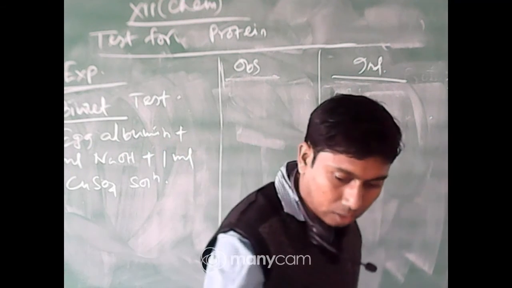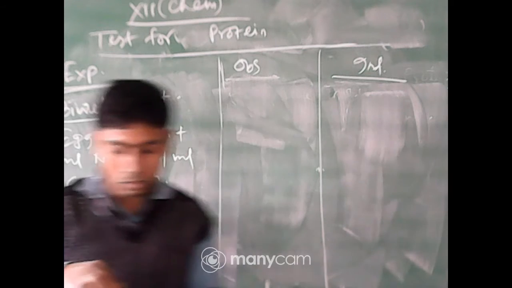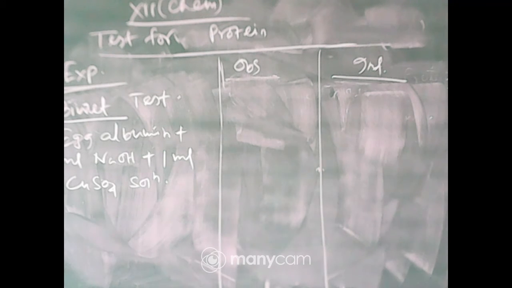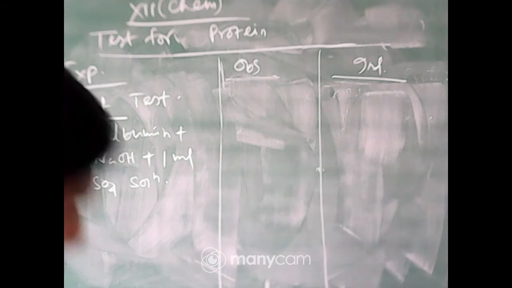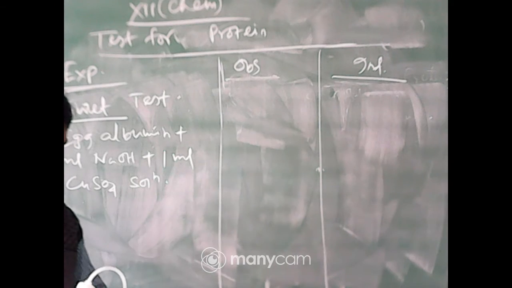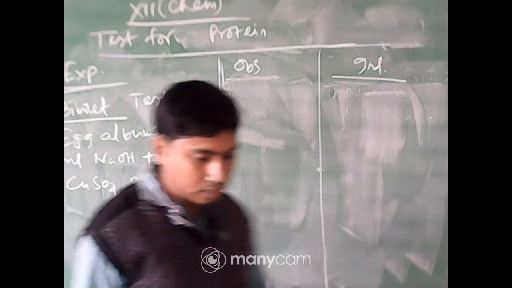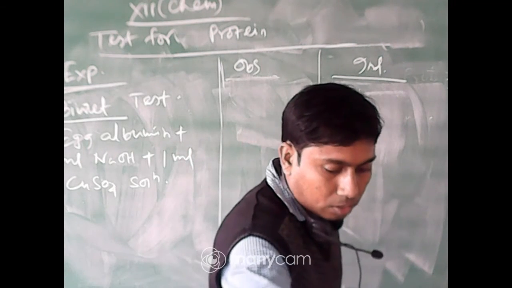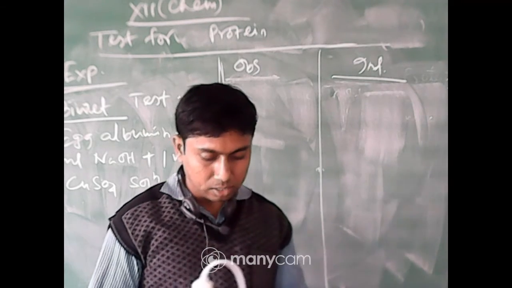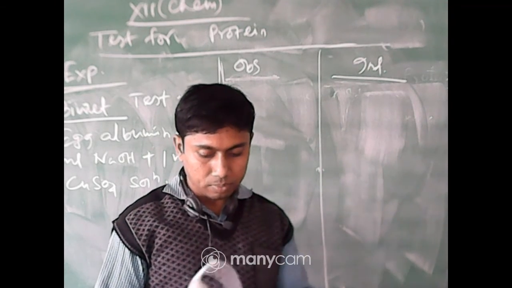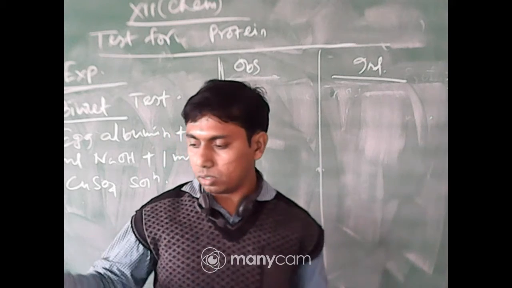Again, in another test tube, we will add egg albumin and then ninhydrin. Now ninhydrin is a detector.